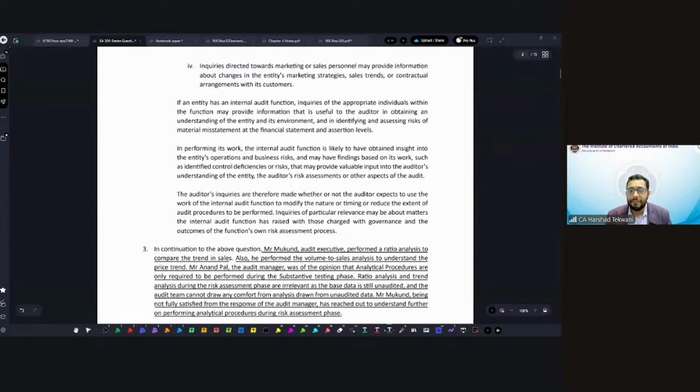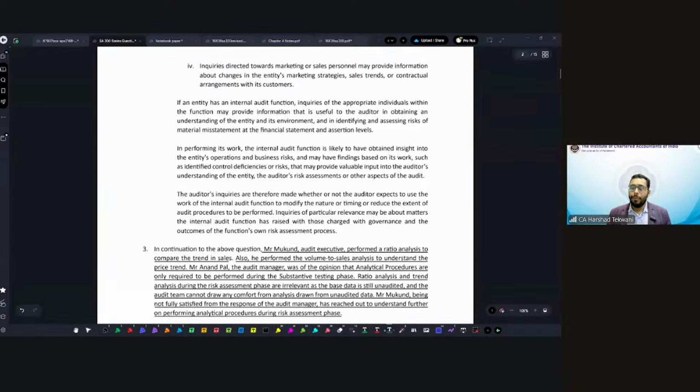At the risk assessment phase, the data that I have is raw data. I'm not sure whether that is the correct data or not. Should I perform analytical procedures?